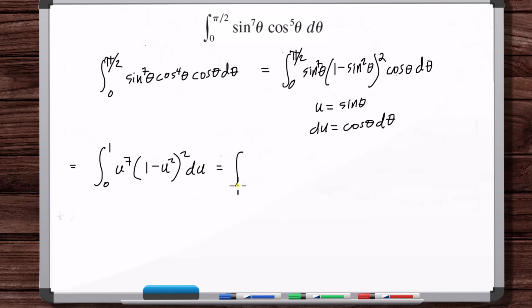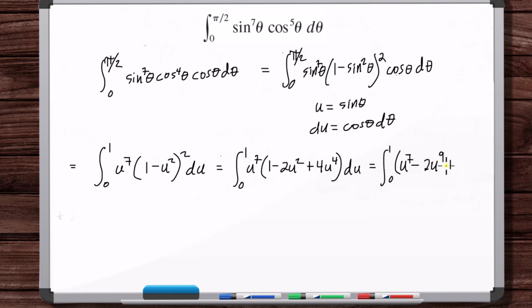Okay, so 1 minus u squared plus 4u to the 4th du. So u to the 7th minus 2u to the 9th plus 4u to the 11th.